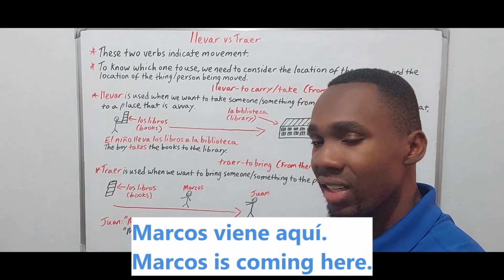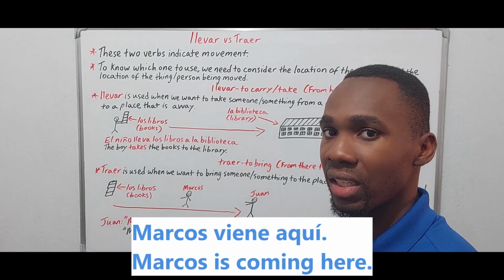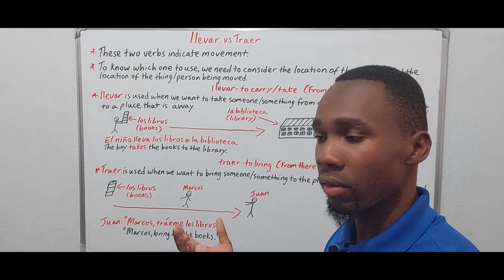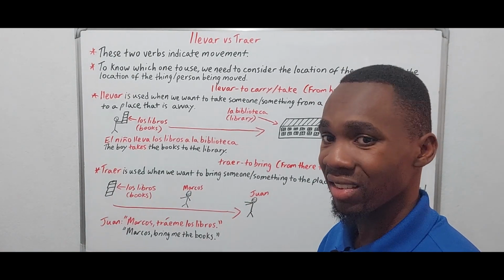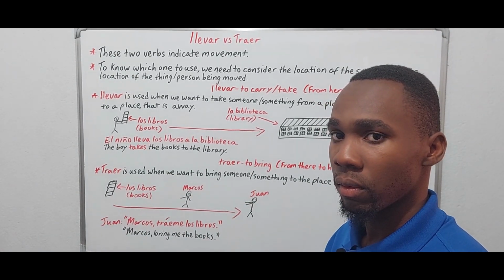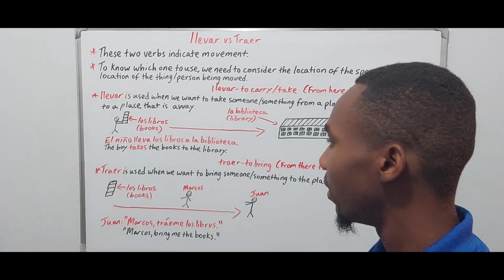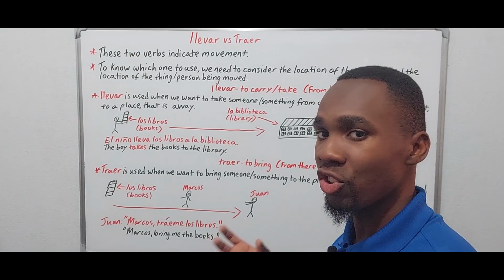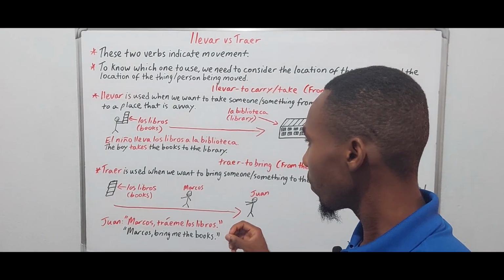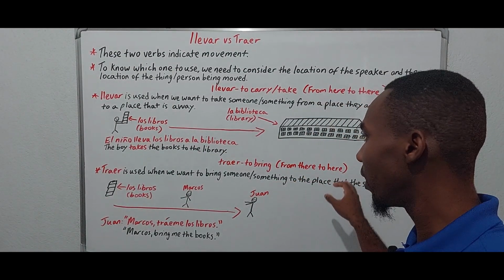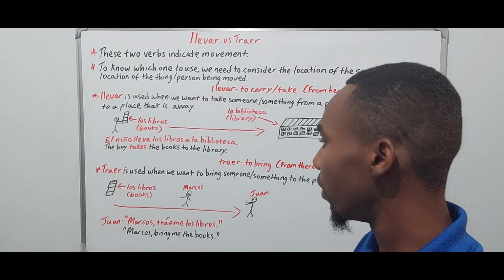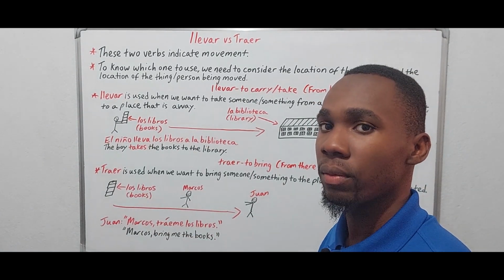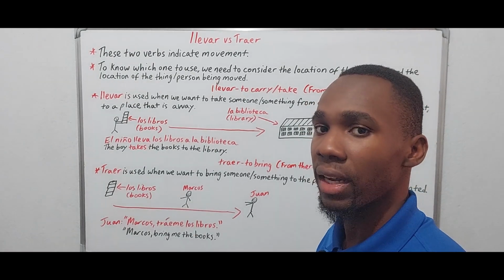We are already at the location, the destination, and people or things have to come to us. So that's a way you can determine if you're using traer correctly. If you can express from there to here, or if aquí can replace the location, then you know you're using it correctly.